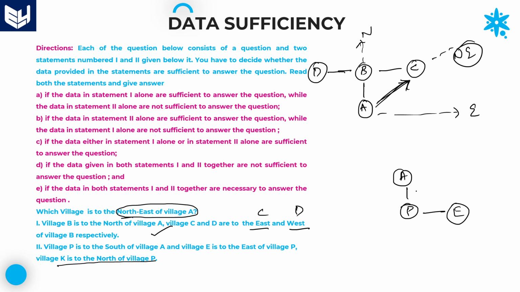It means that there is a chance of K being at this position, or at this position, or at this position. Three possibilities. We don't know exactly, but we want this direction, northeast.